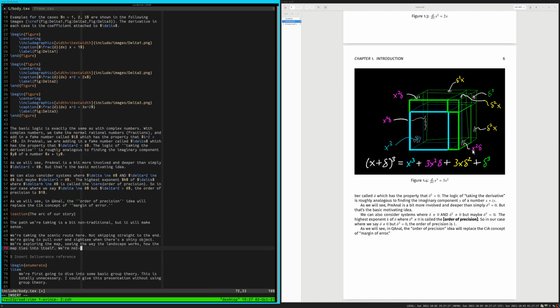We're not doing some short path to get from point A to point B. We're taking the scenic route.